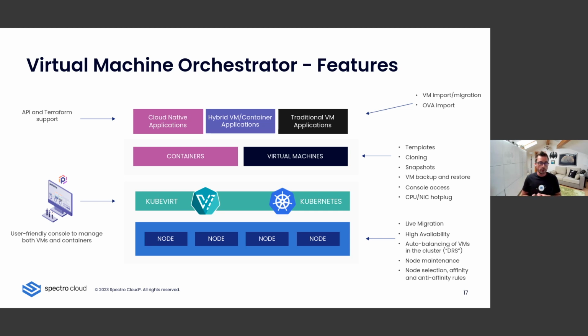We also developed a CLI tool that allows you to migrate, import your VMs from vSphere directly into Palette in the VMO cluster. And the same CLI can be used to import OVA also and transform the OVA into something that is meaningful so that you can deploy from those. So the OVA will be basically transformed into a template, and then you can deploy from that template in VMO.